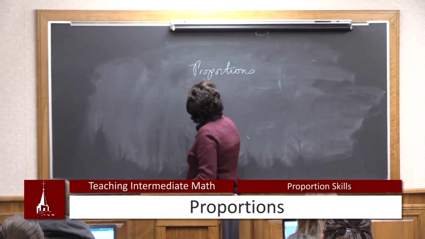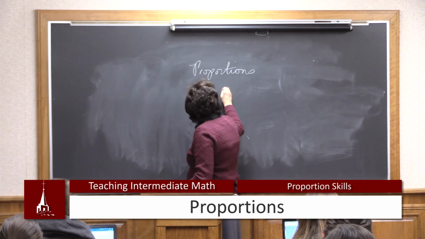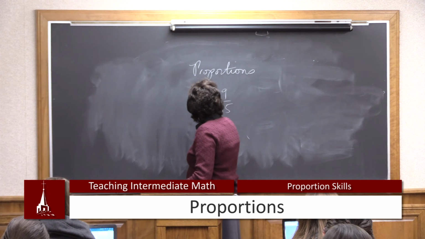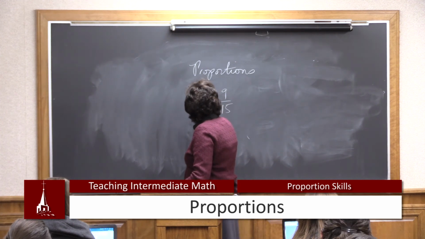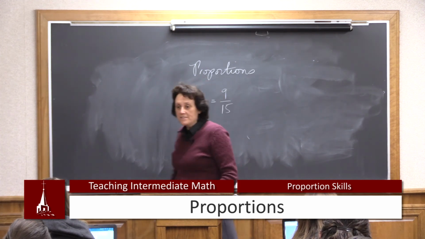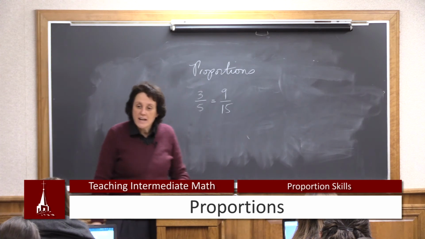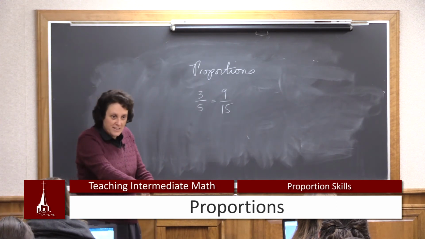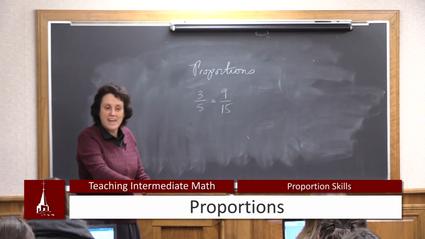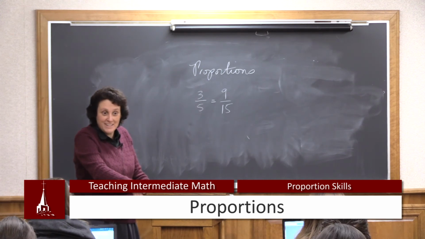We had this problem here. 9/15, 3 is to 5 as 9 is to 15. These are not equivalent fractions, though looking at them, can't tell the difference. Can you? I can't.